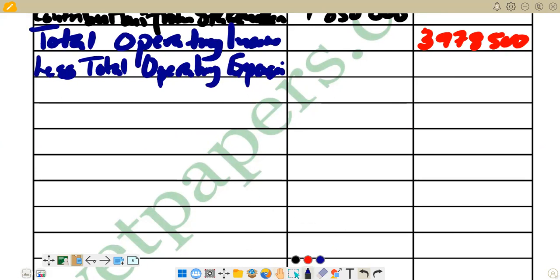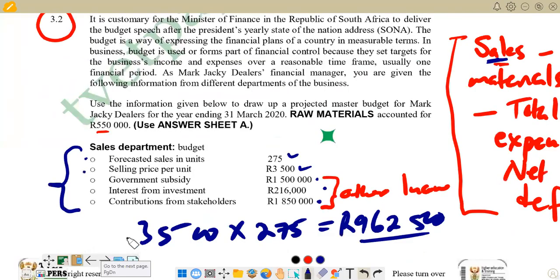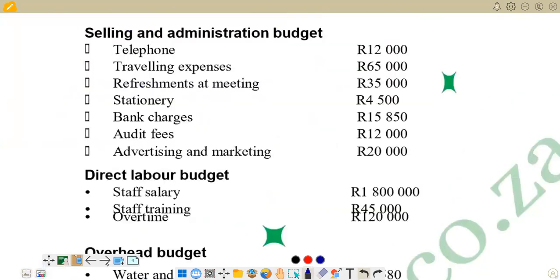So we can go back to our question to check what operating expenses do we have. We are seeing that here we have these ones that are representing the revenue. So we can go to the next page to see what we have in terms of our expenses. So we've got selling and administration budget. All these are expenses that we are having. So we are going to see that this section is going to represent our operating expenses.